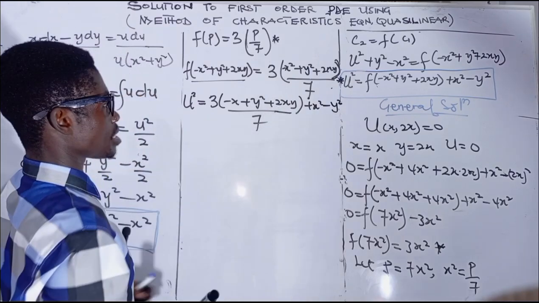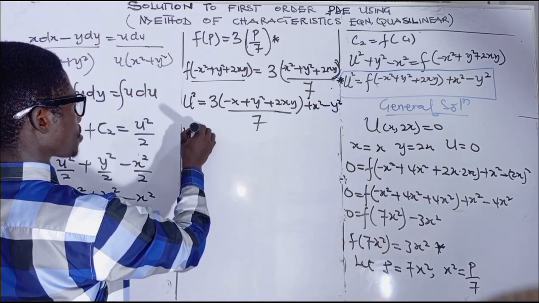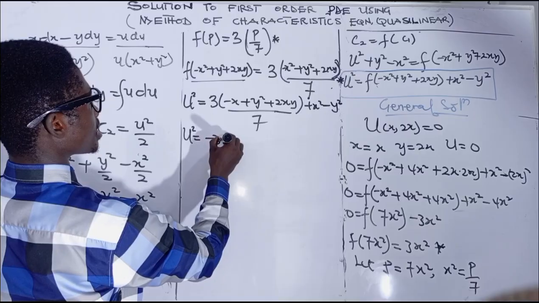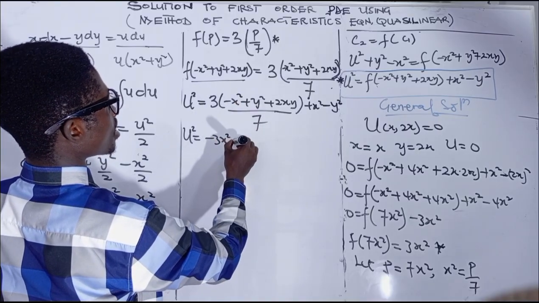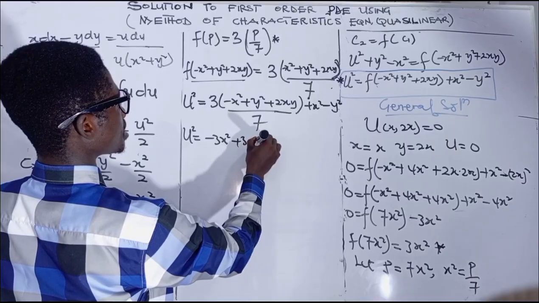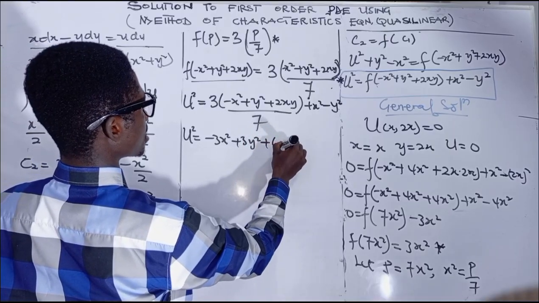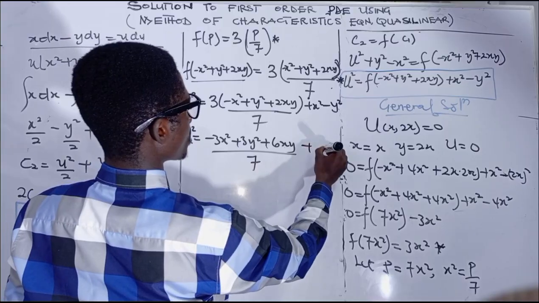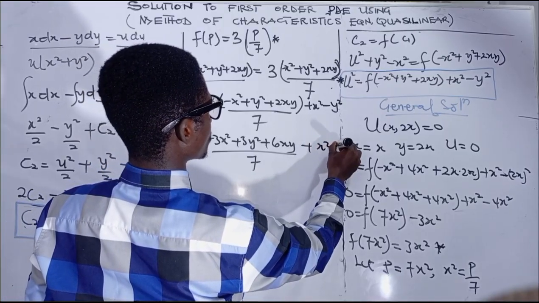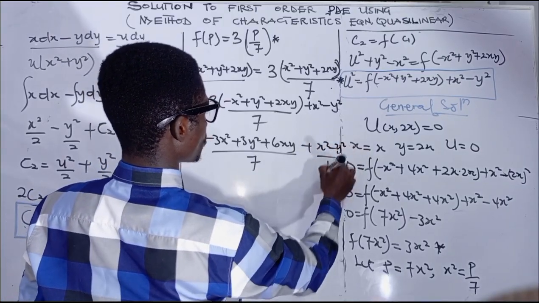So let's expand the bracket and see. We have u squared is equal to minus 3x squared plus 3y squared plus 6xy all over 7, then plus x squared minus y squared, which is over 1.